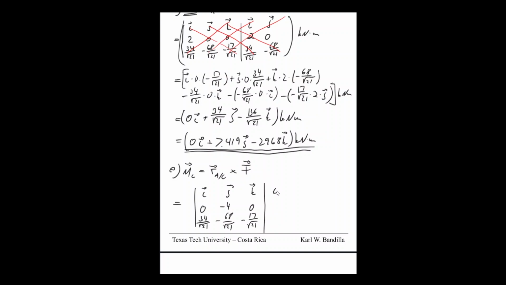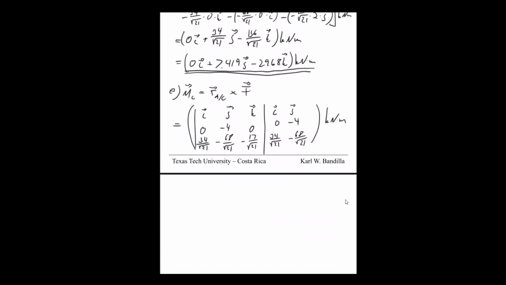And then our extra pieces here, I, J, 0, minus 4, 34 over square root of 21, minus 68 over the square root of 21. All of this is in kilonewton meters.